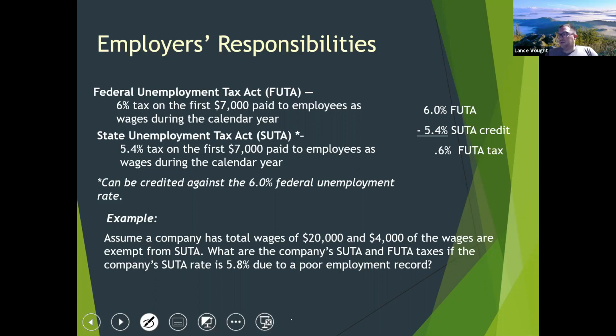And then in regular times, unemployment is typically administered, and still is, at the state level. So federal unemployment tax says that there's a 6% tax on the first $7,000 that's paid to employees, and state unemployment is 5.4% tax on the first $7,000 paid to an employee, which can be credited against the federal unemployment rate.